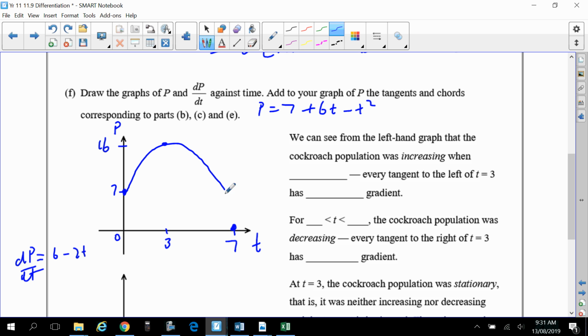You can just use the information we have. And this one is when you stop increasing. So it must be maximum, where the tangent is horizontal, dp dt is 0. So we have all this information, and that's the initial quantity.